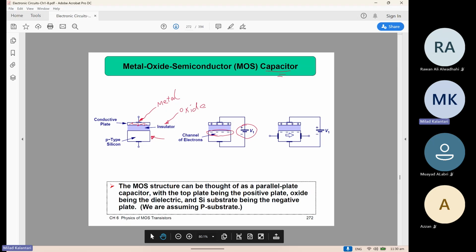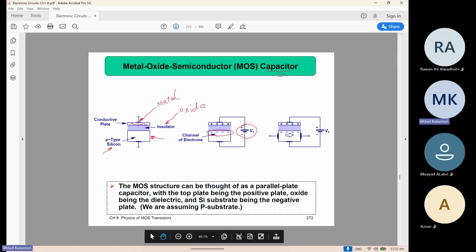So initially, if you think here, there is no charge in this p-type, right? There are some holes because this silicon is p-type. The carriers basically are the holes, right?